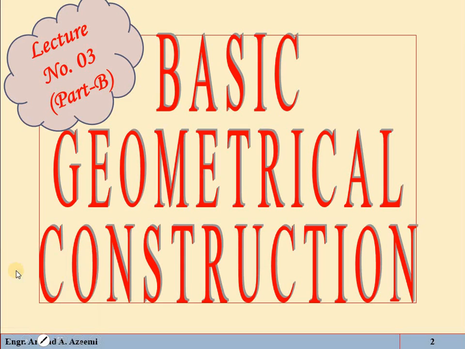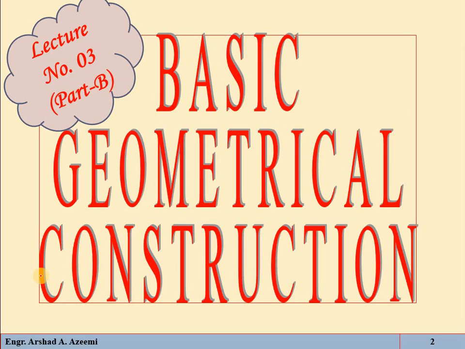So in the first part of this lecture, we discussed the bisection of a line, the drawing of a perpendicular to a specific line passing through a point within the line or outside the line, how to divide a line, and how to divide a circle.